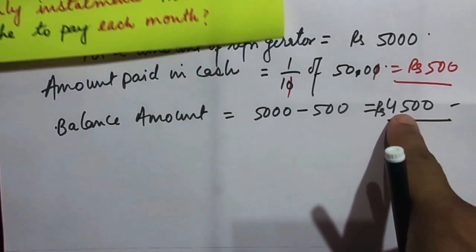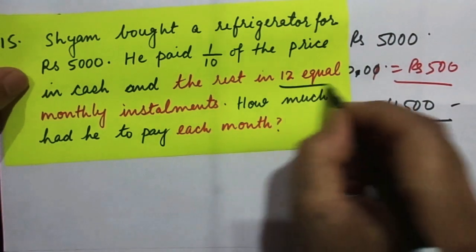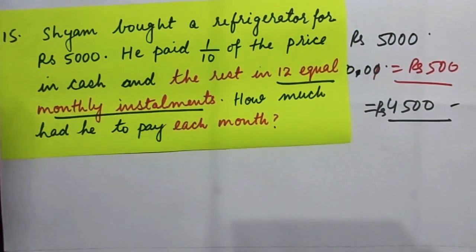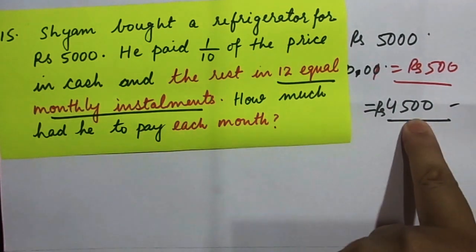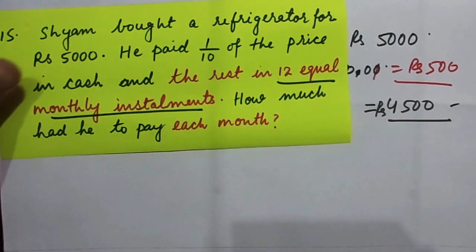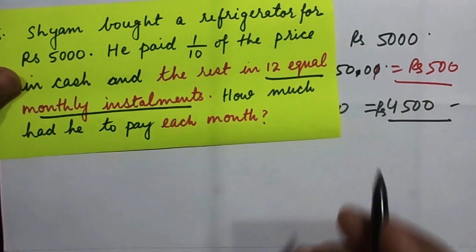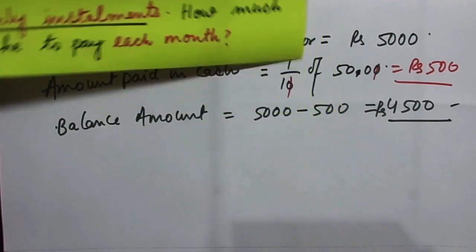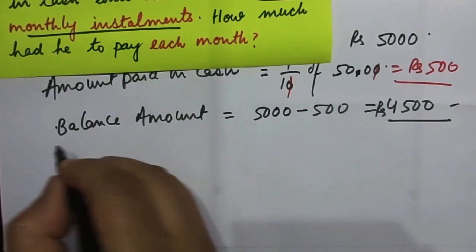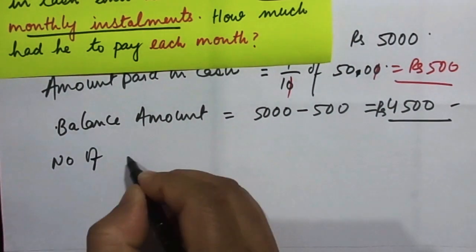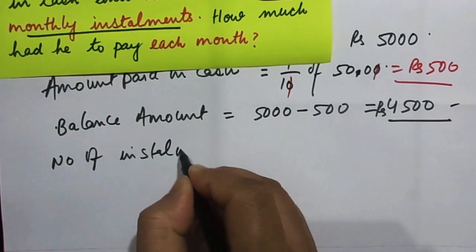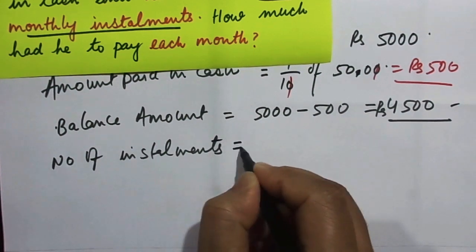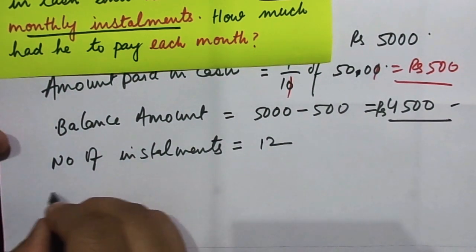Now he said that he is going to pay in 12 equal monthly installments, meaning he is going to divide this 4500 in 12 parts, and he will pay a little amount each month, isn't it? So number of equal installments is equal to 12.